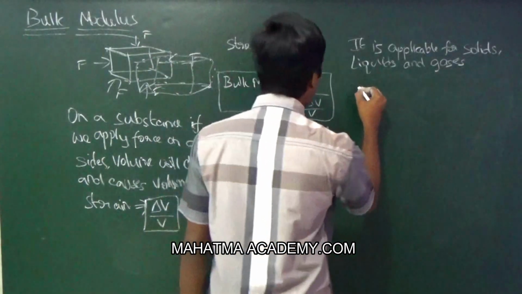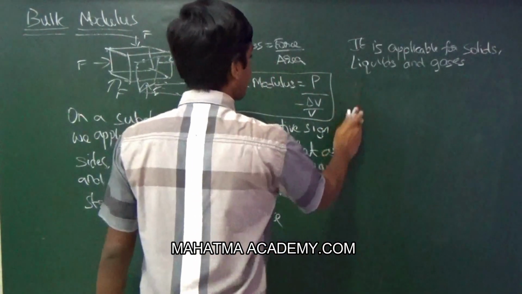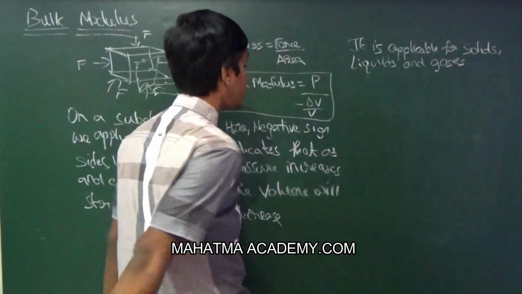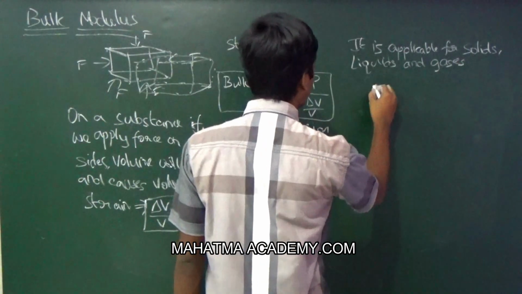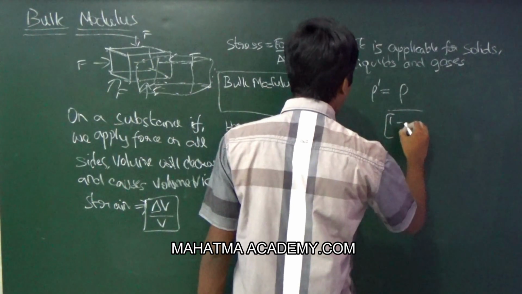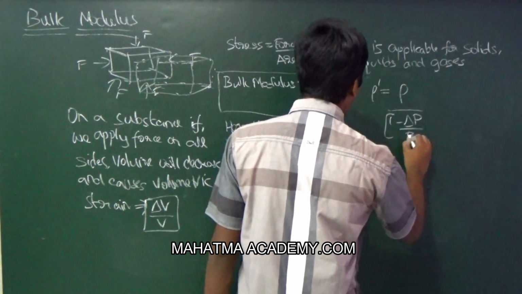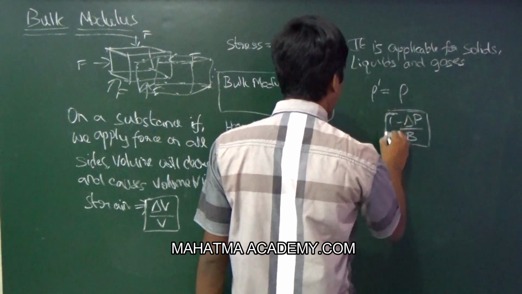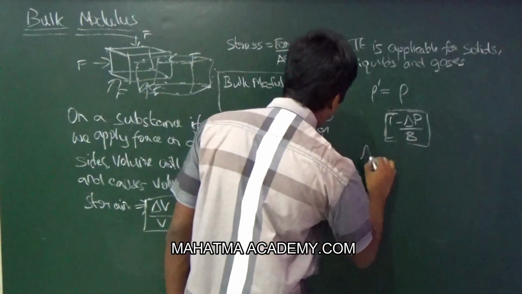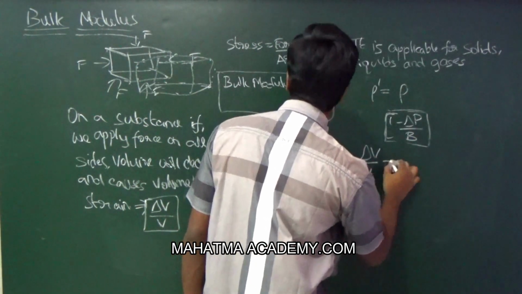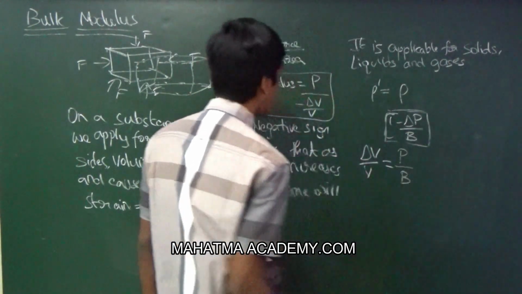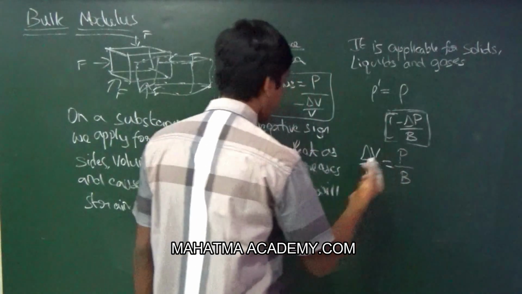Now the density, first we will write the formula. Rho dash is equal to rho upon 1 minus delta P upon B. The volume is rho dash. So from this, delta V by V is equal to P upon B, or change in pressure we can say.